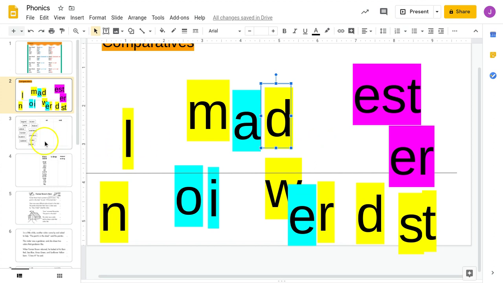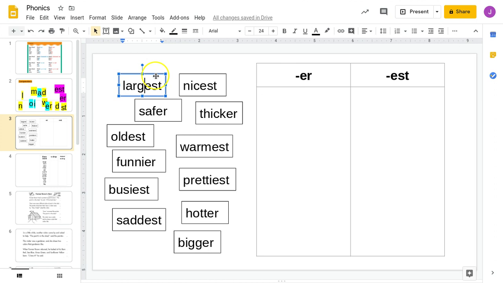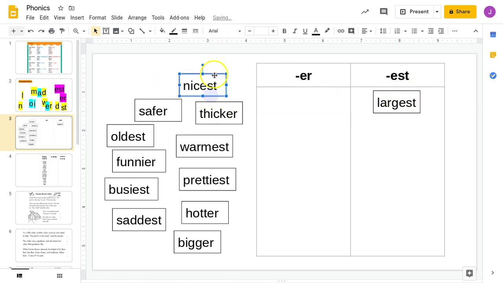So, moving on to our next activity, I have a bunch of words here, and our job is going to be to sort them according to their ending. So, I look at the word largest, and I notice it has an EST ending. Nicest, EST ending. Safer, there's my little arrow. There it is.